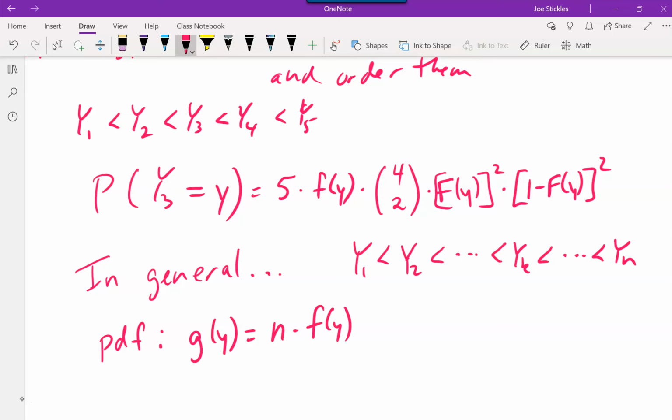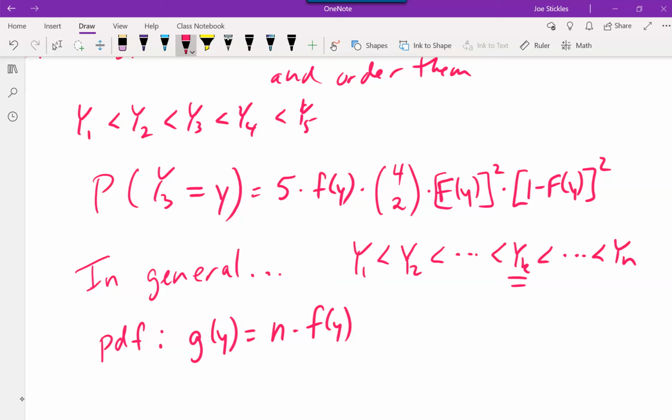All right, so if I'm looking for the PDF of the kth order statistic, whatever the k happens to be, out of n in my random samples, I have n ways to make one actually equal to the y value, right?